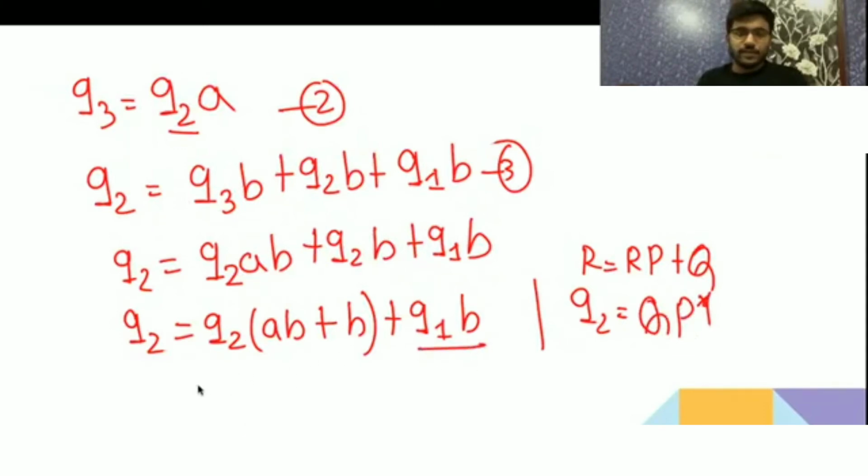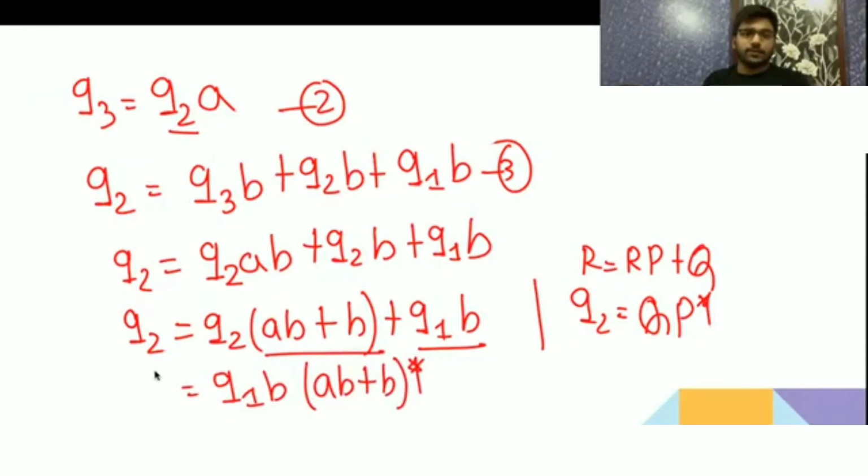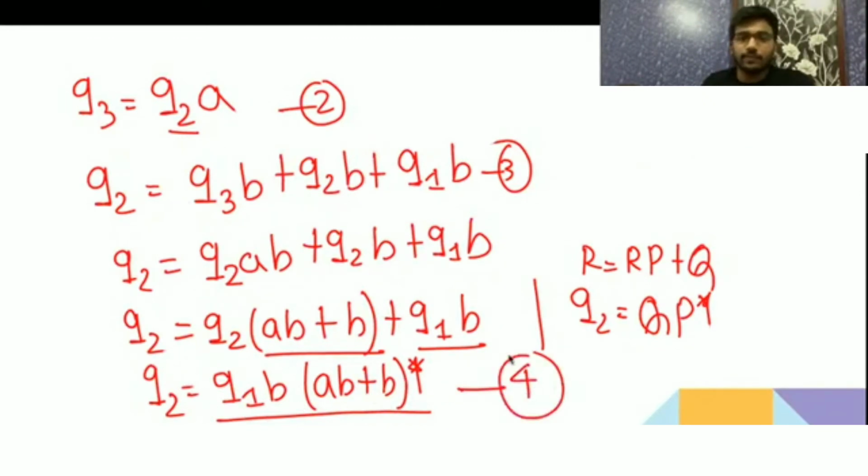Q is this one, P star, P is this, plus star. We got here AB plus B star, then equal to Q1B. Now that I will put here.